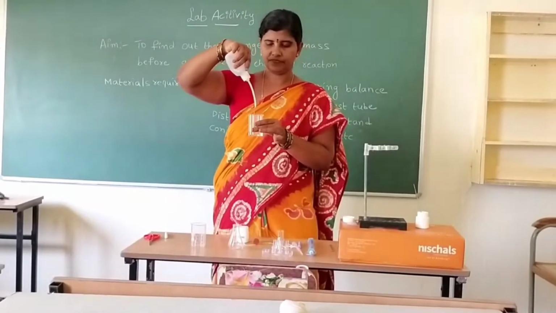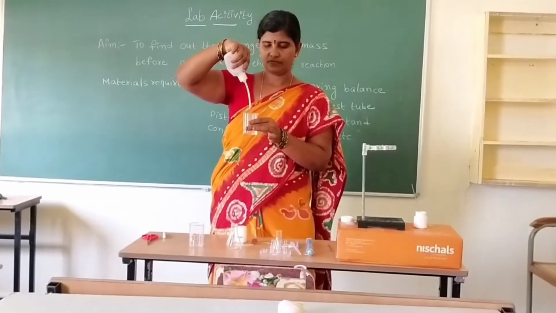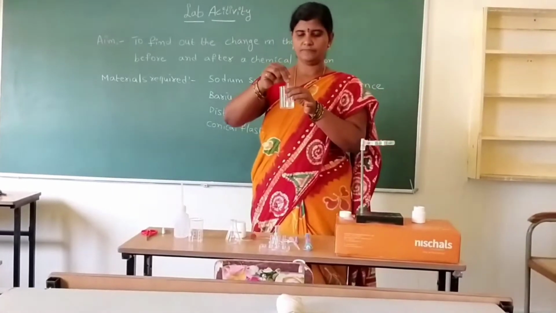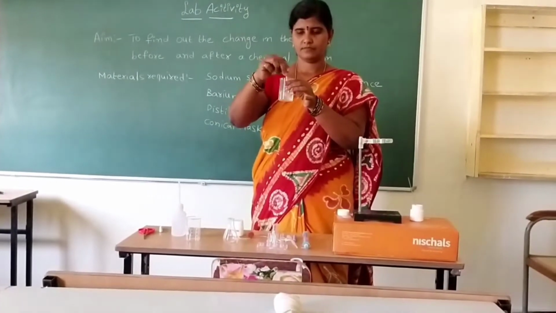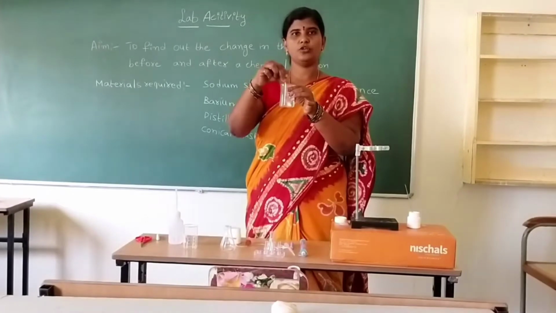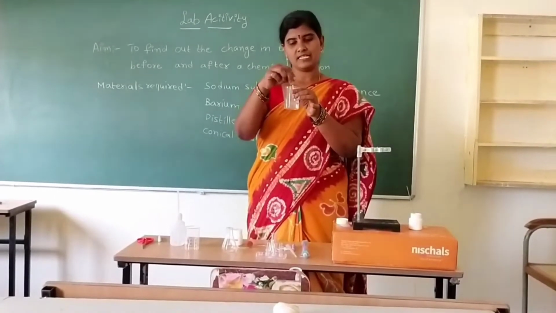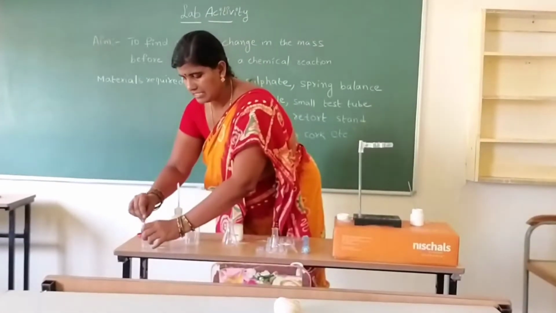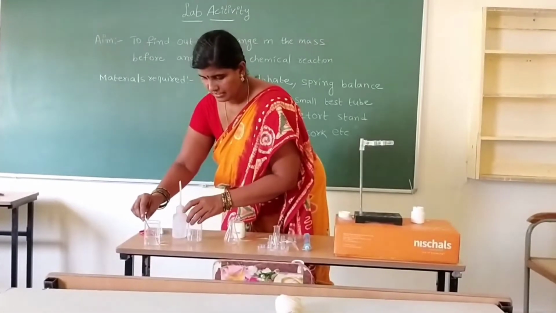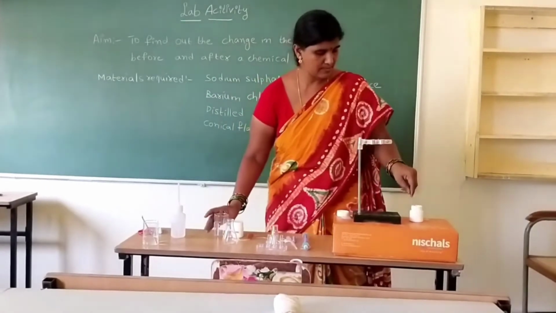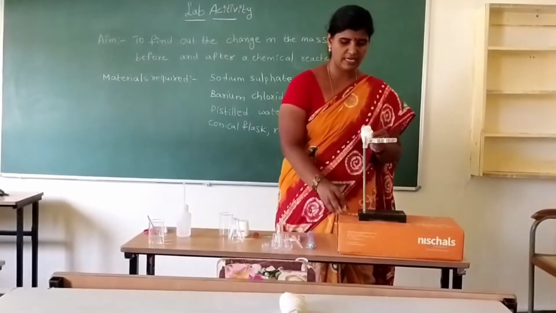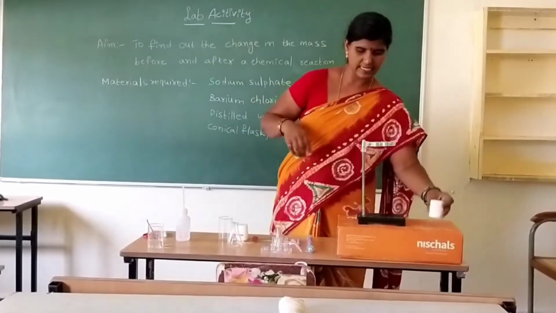Pour the water. Then mix with the iron rod. So barium chloride solution is ready. I will keep this aside. Then close the cap of the barium chloride and keep it aside.